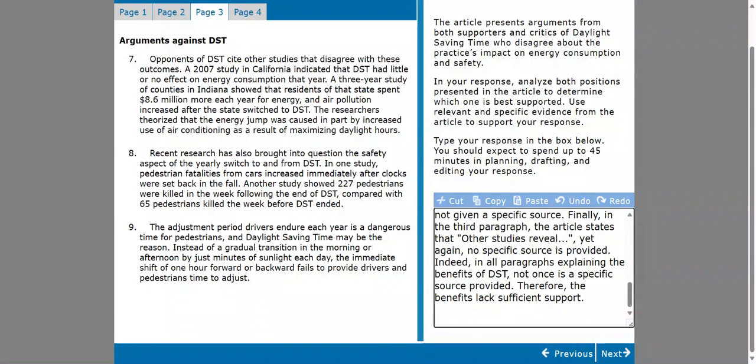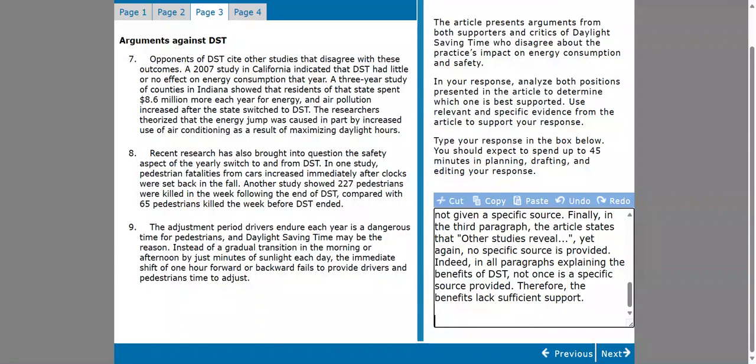Opponents of DST cite other studies that disagree with these outcomes. A 2007 study in California indicated that DST had little or no effect in energy consumption that year. A 3 year study of counties in Indiana showed that residents of that state spent 8.6 million more each year for energy, and air pollution increased after the state switched to DST.